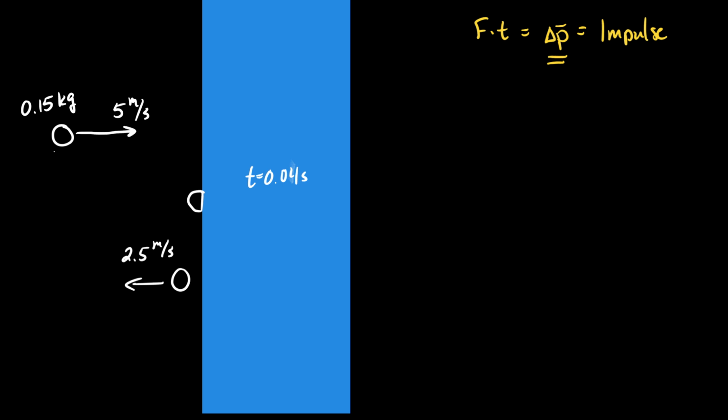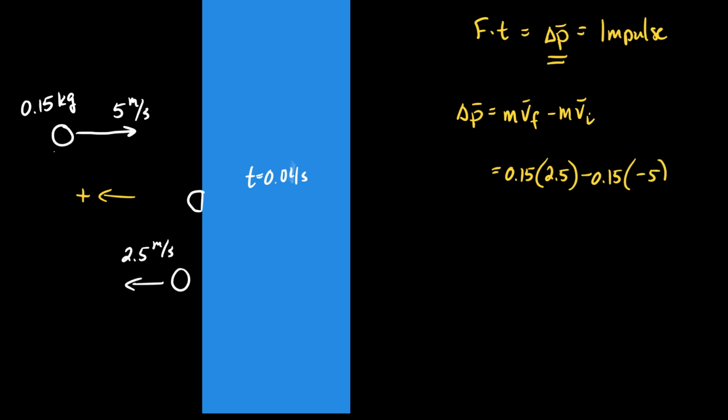So with that, I'm going to use delta P, which is m v final minus m v initial. And I'm not putting those vector bars on top for my health. It's a reminder that I have to pick direction and stick with it. I'm going to choose to the left to be the positive direction, which means m 0.15 v final, which is 2.5, minus m 0.15 v initial, which was to the right, so negative 5.